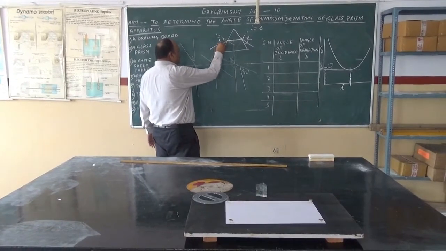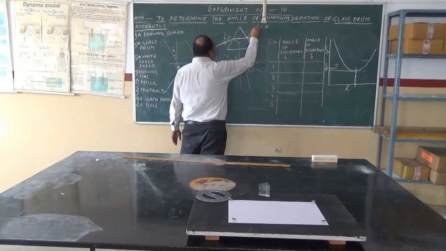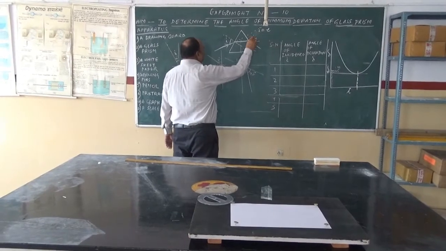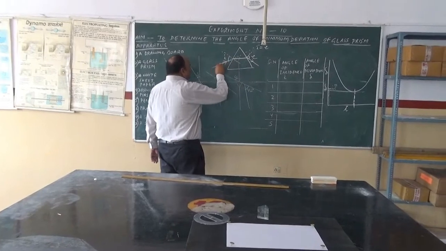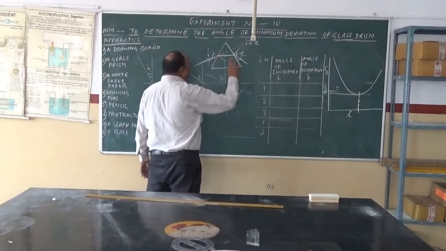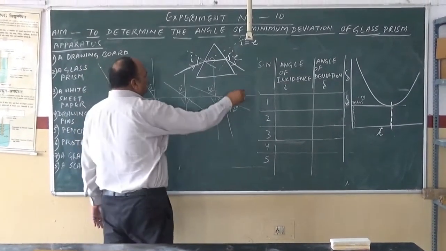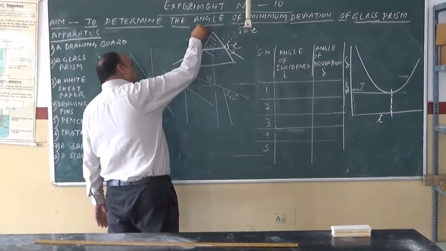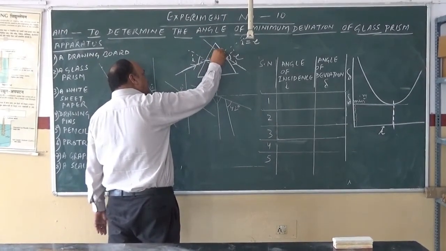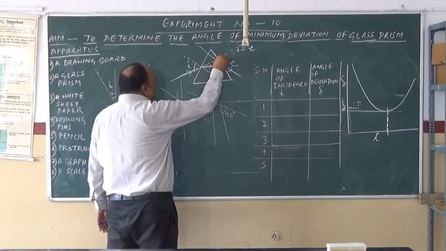If there were no prism, then this incident ray would go straight. We will produce the incident ray forward. To get the angle of deviation, we will produce the emergent ray backward. Now we notice the angle of deviation.